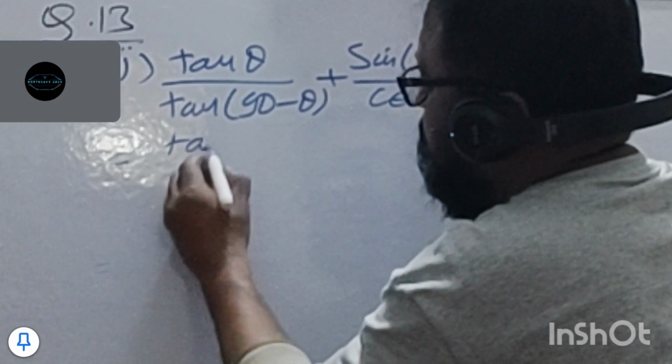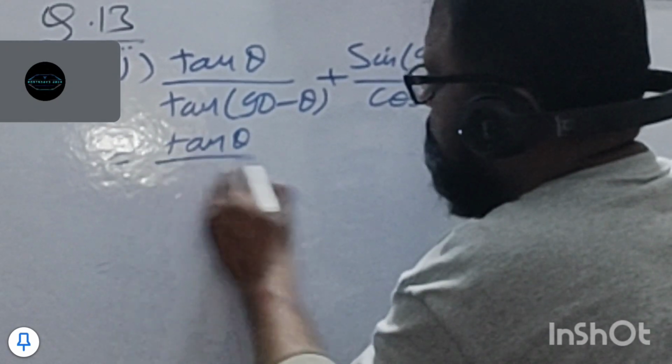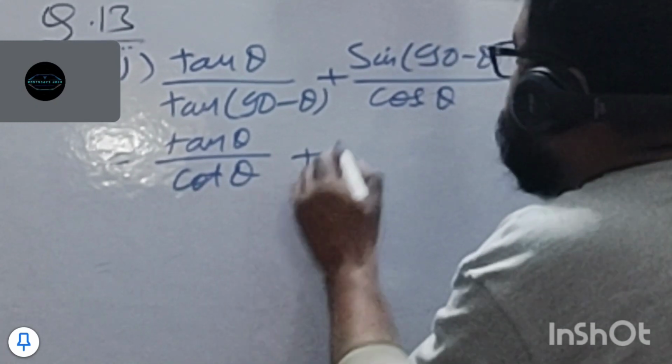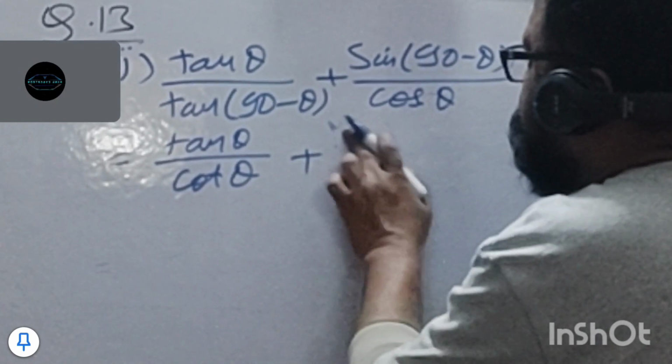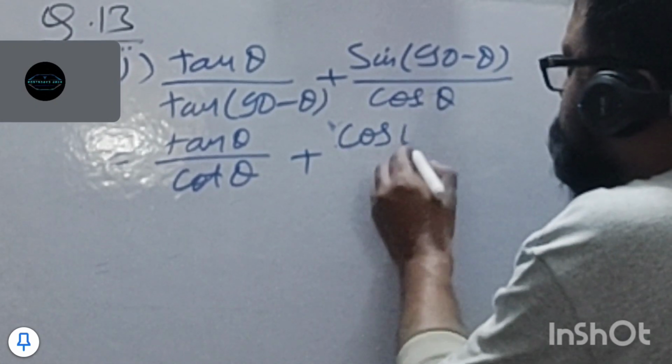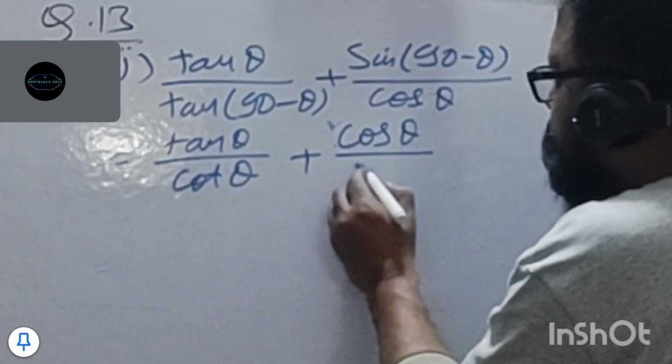So tan theta upon cot theta, since tan 90 minus theta becomes cot theta, and sine 90 minus theta becomes cos theta upon cos theta.